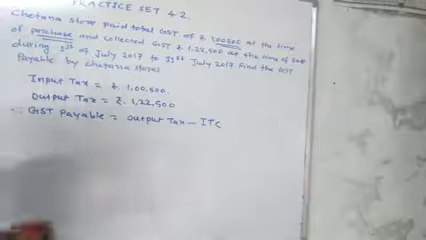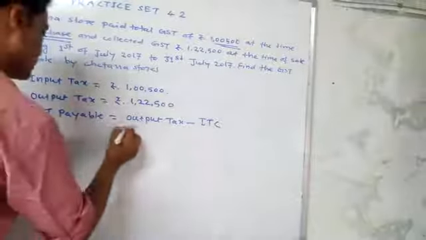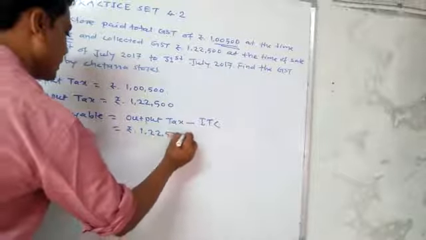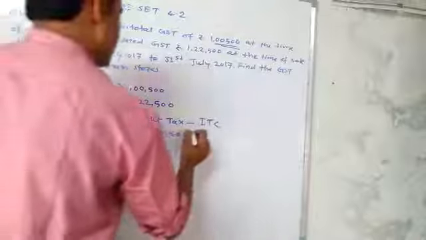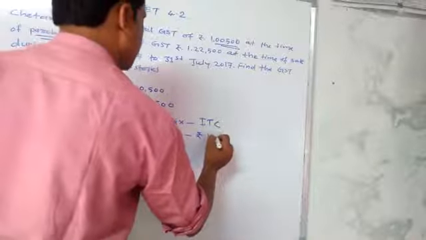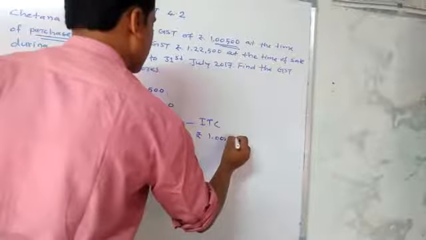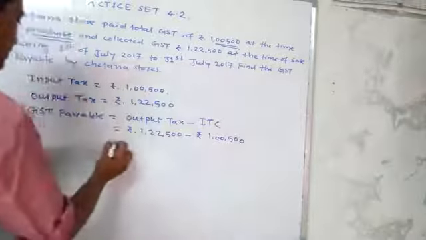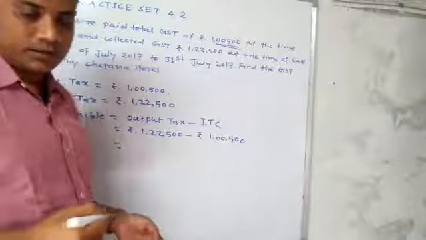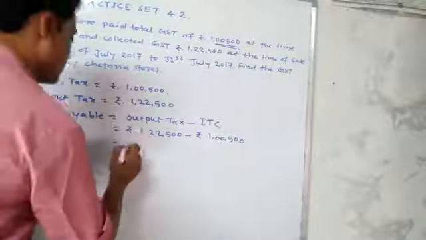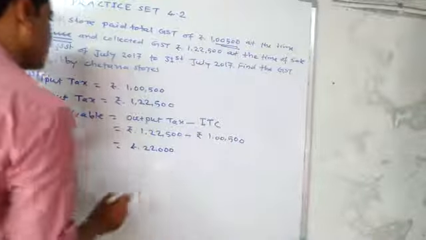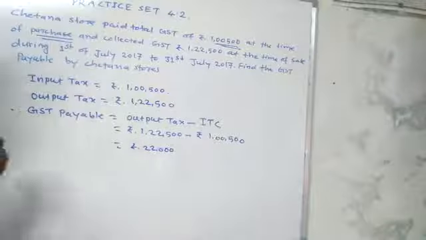Output tax minus input tax credit means rupees 1,22,500 minus rupees 1,05,000, that is rupees 22,000.